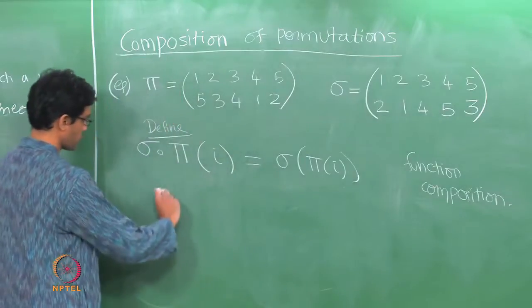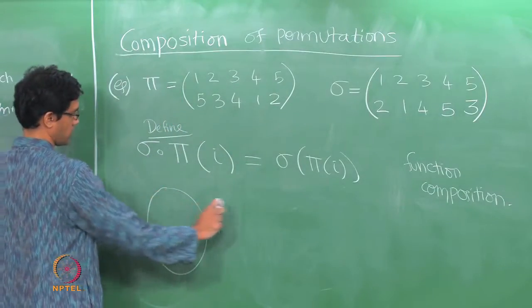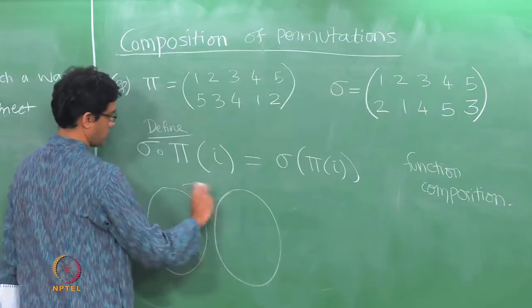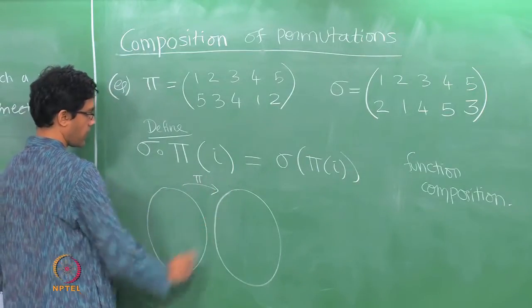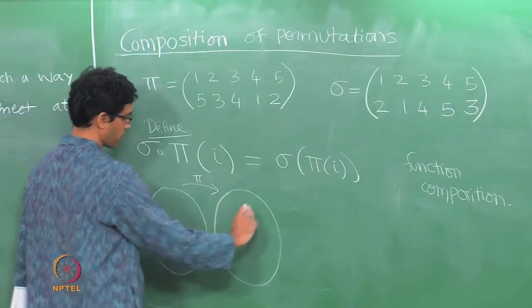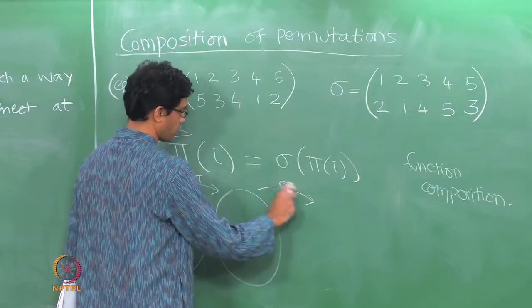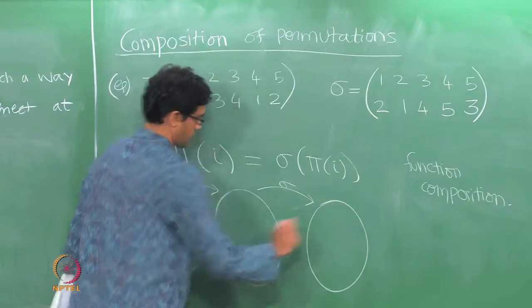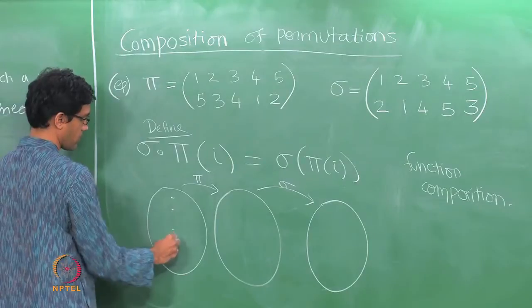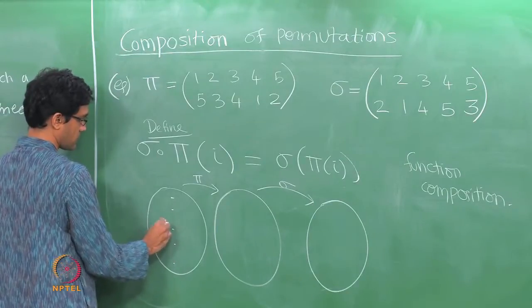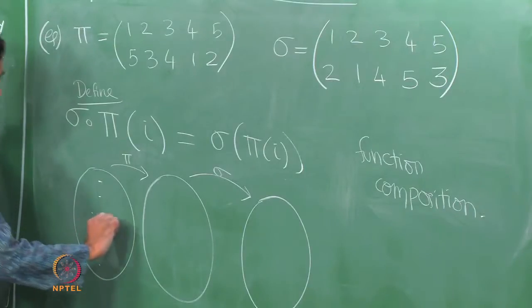Okay, so if you think in terms of functions, so here's the function pi. So you first perform pi, and once you have done something through pi, then you follow it up by sigma. So for instance, I have the numbers 1, 2, 3, 4 and 5. So let us say I have some number i here. I first figure out what pi does to it.